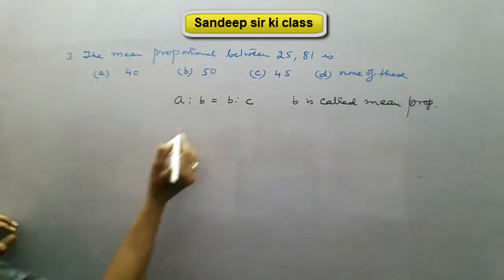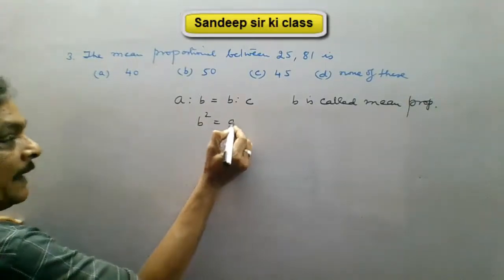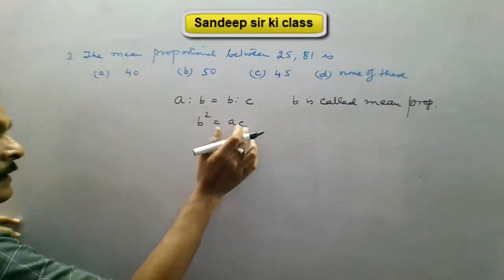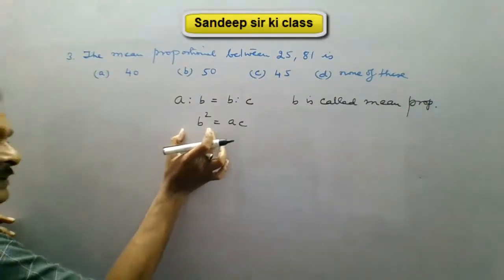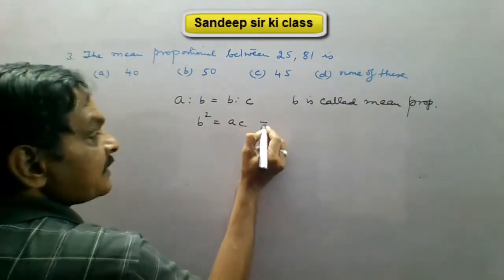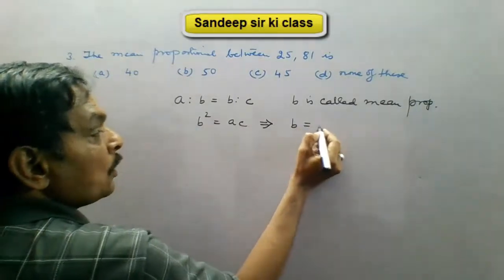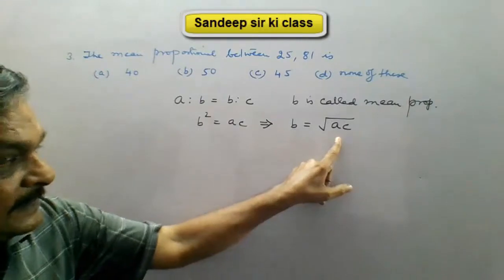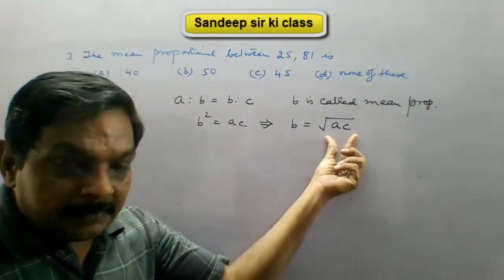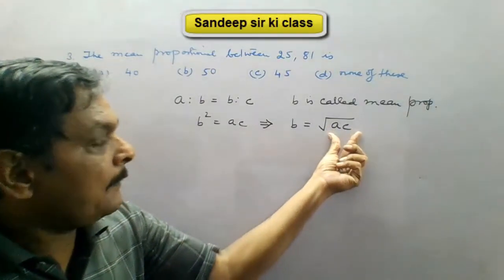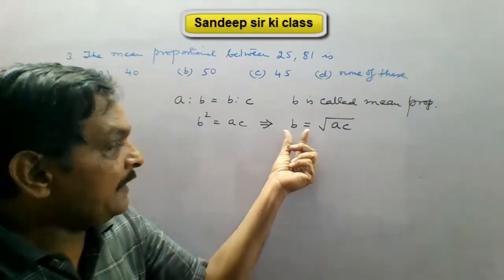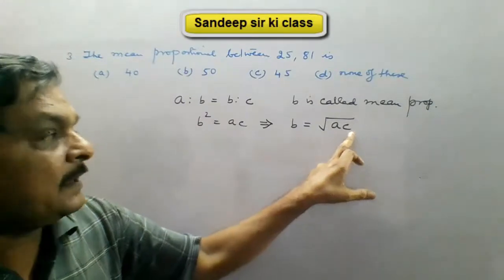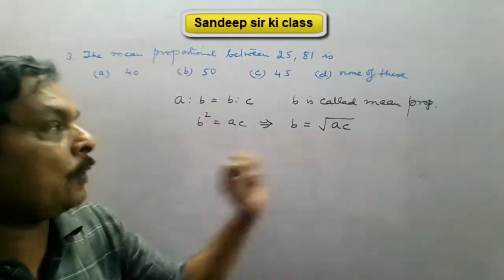Means B square is equal to AC, because product of extremes is AC, product of means is B square. This gives us B is equal to under root AC. This means the mean proportional is obtained by multiplying the numbers and taking its square root.